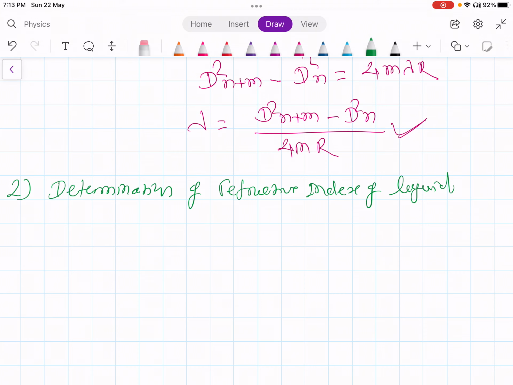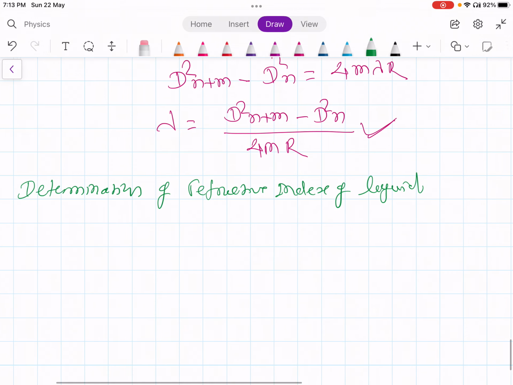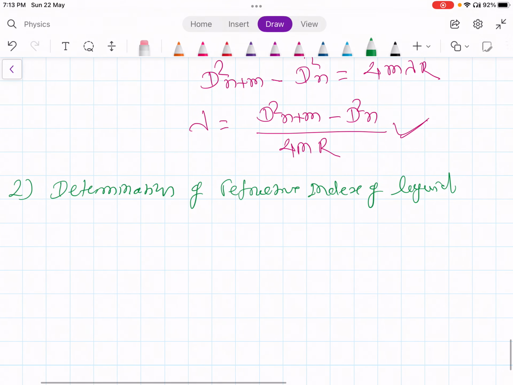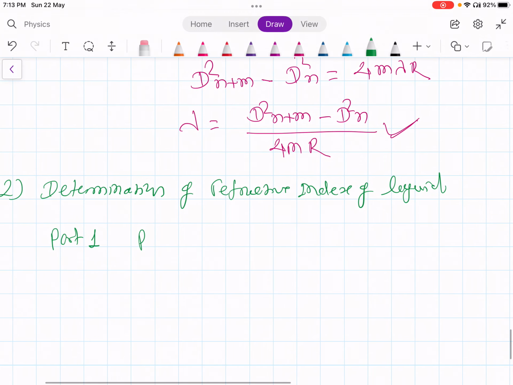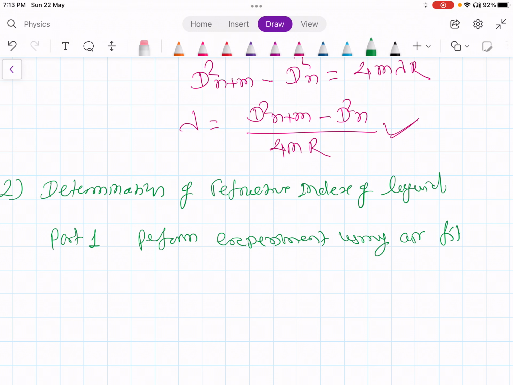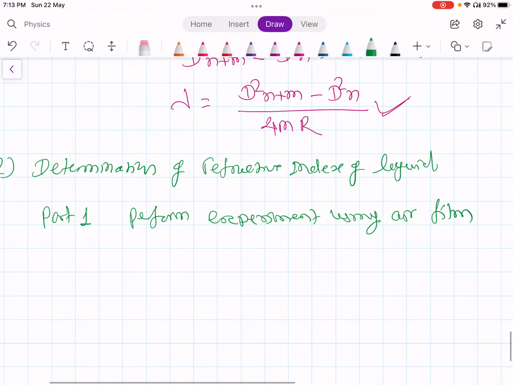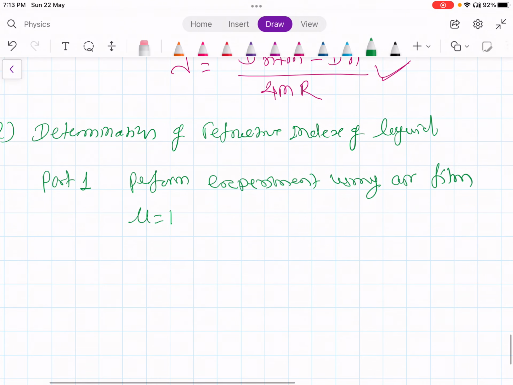Initially, we have to perform the experiment. There are two parts. In part 1, perform the experiment using an air film. And you know that for the air film, mu is equal to 1. And find the diameter of the nth ring and the diameter of the n plus mth ring.